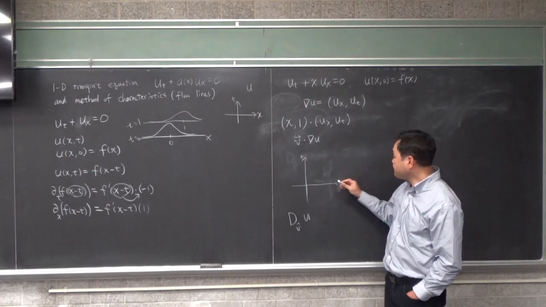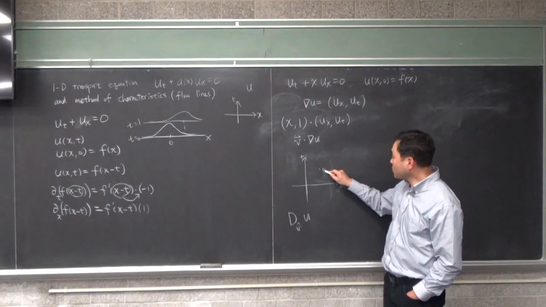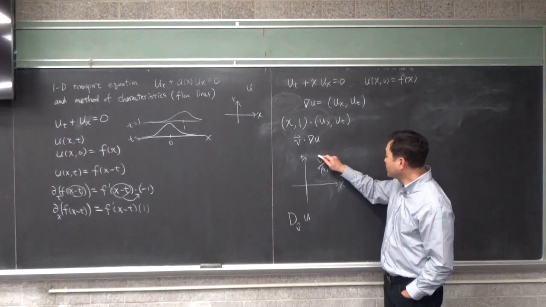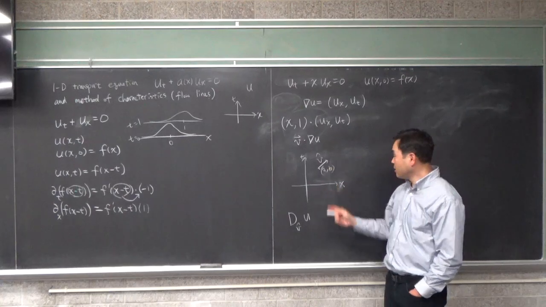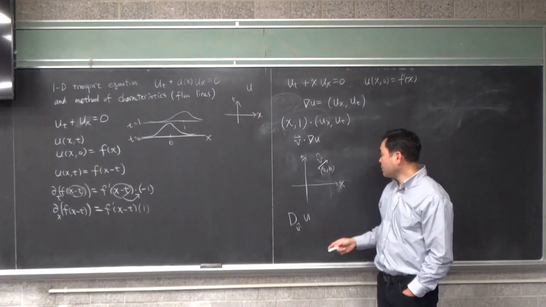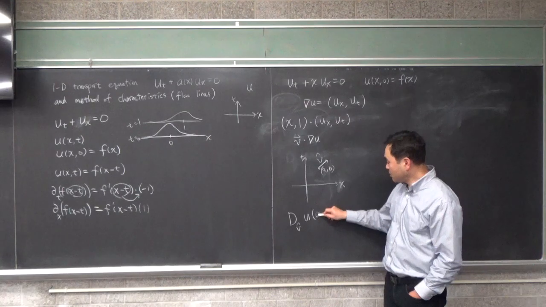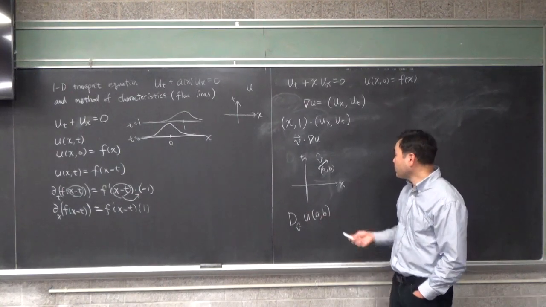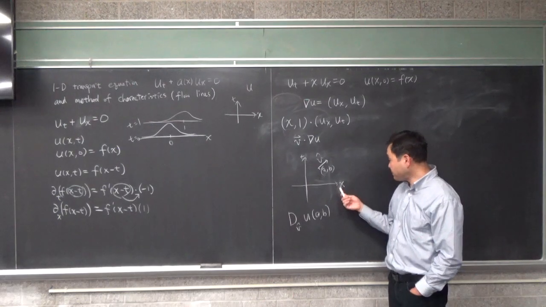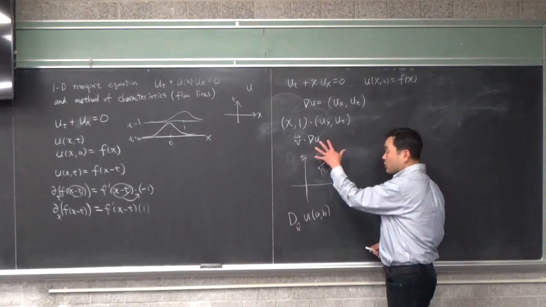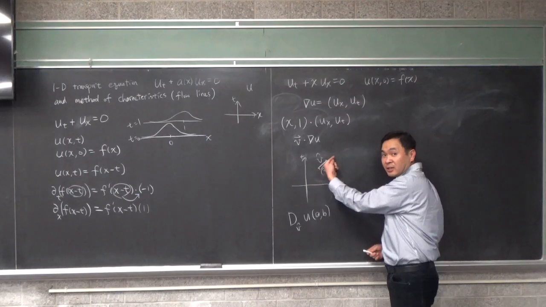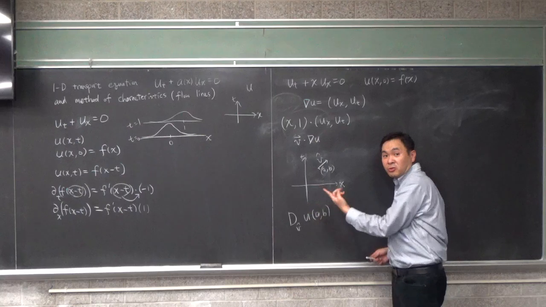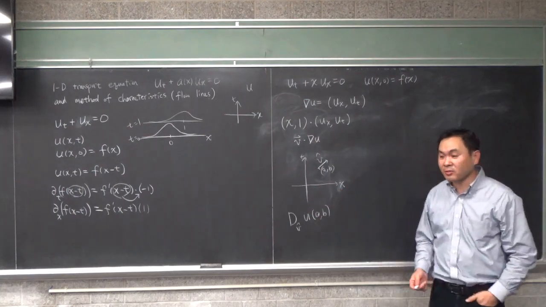So let's say you have this point (A, B), and you're going in the direction of this unit vector v. If you evaluate this directional derivative at (A, B), it means that you look at this terrain map, and as you go along this line, you want to see the slope of this function u. That's what the directional derivative is.